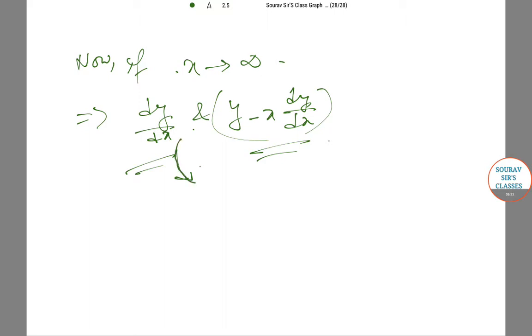Let dy/dx tend to L and y minus x dy/dx tend to K.